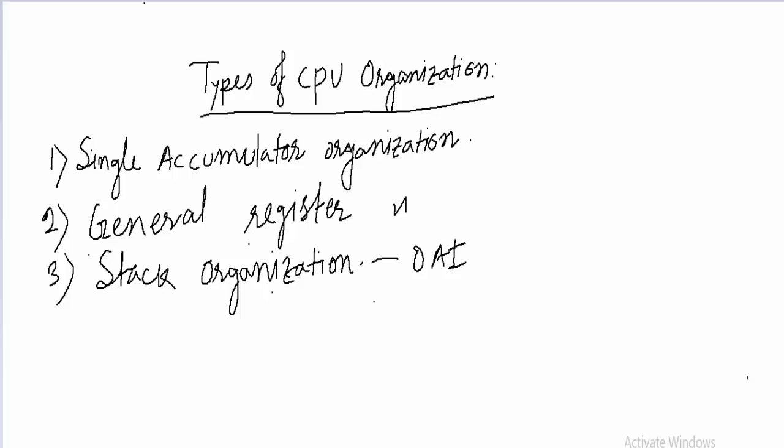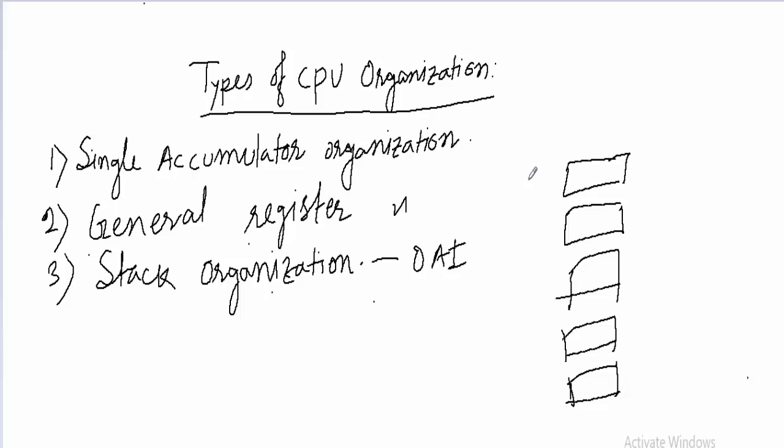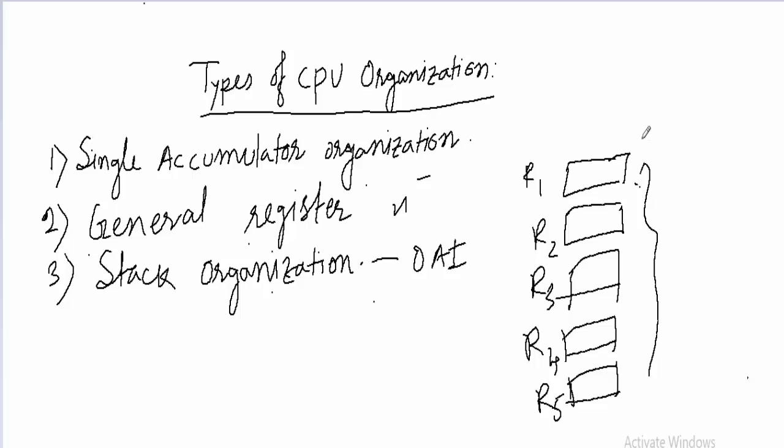We can think of a set of registers as a stack, like R1, R2, R3, R4, R5, R6. We can think of all those registers as a single stack, and we can have a pointer which points to the top of the stack. It is the same as the stack in data structures.